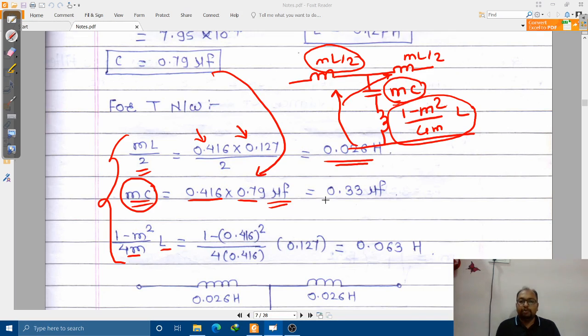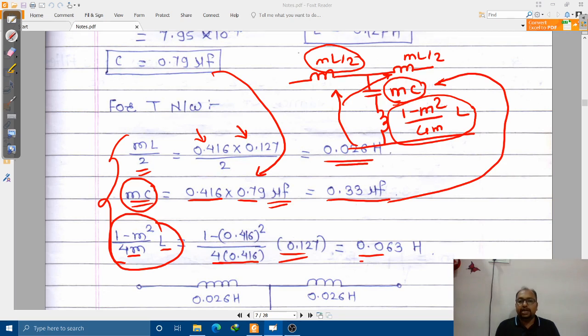Once I perform the computation, I will be getting this value as 0.33. Like that we are going to write the values of these components at appropriate positions, and finally let us compute this one. So (1 minus M square) into L divided by 4 into M. Once I compute this, I will be getting 0.063 henries.